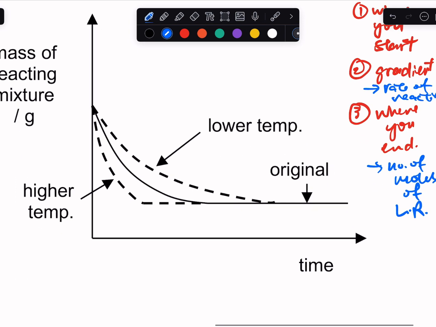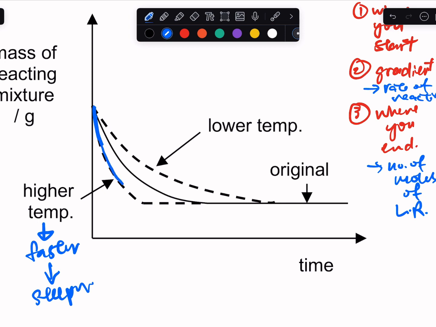Okay, so let's look at the original graph. Original is the line in the middle. If you were to have a higher temperature, this means faster rate, which means steeper gradient. So at the start, you can see that it has a steeper gradient as compared to the original. So with steeper gradient, the reaction should stop earlier. But again, it plateaus at the same point.